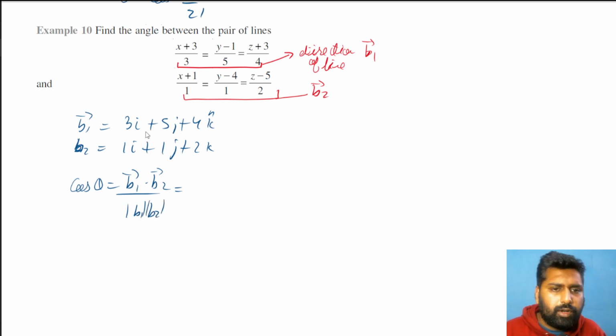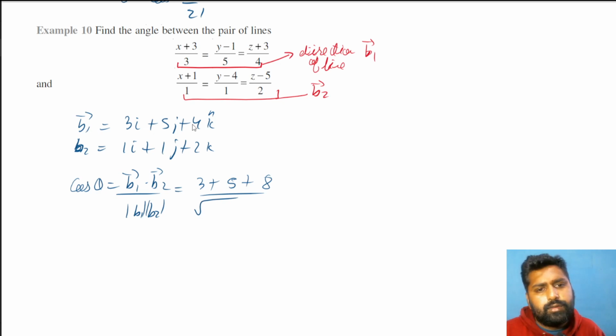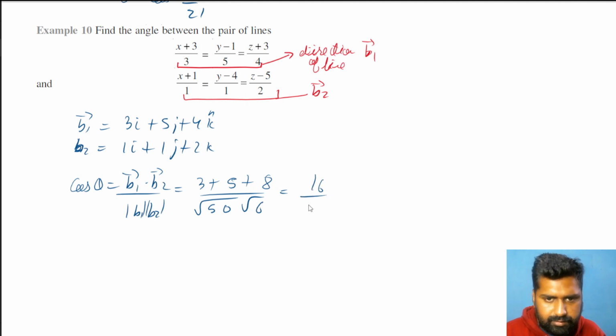So b dot product is 3 plus 5 plus 8 upon magnitude. 3 square is 9, 16, 25, 25 plus 25 is 50, so root 50. And the next one is 2 square, 4 plus 5 plus 1, 6, again a weird kind of value. 8 plus 5 is 13, 16 by 5 root 2, and this is coming root 6.